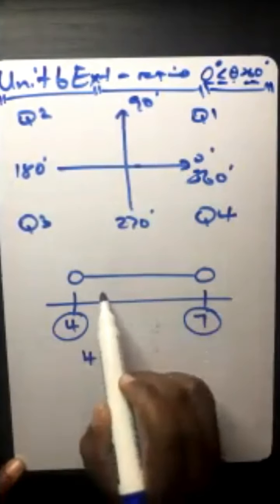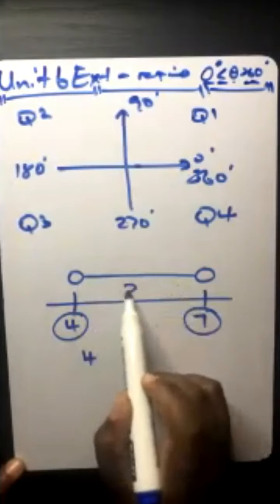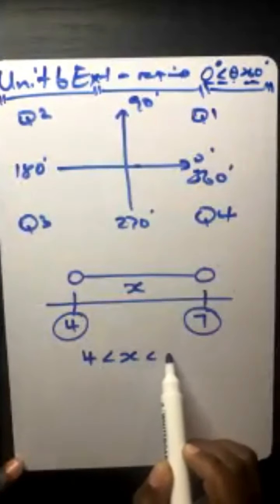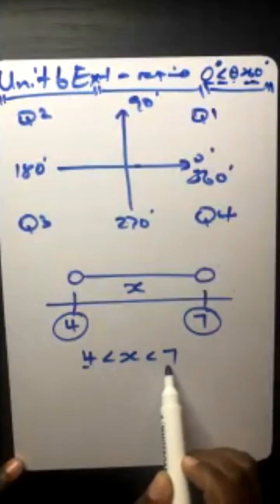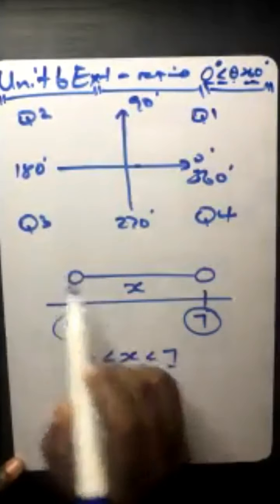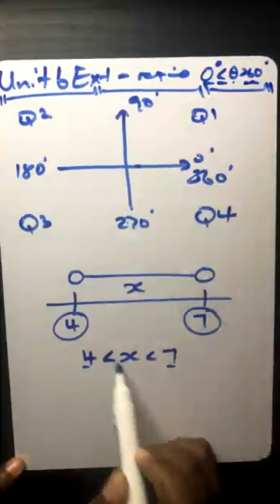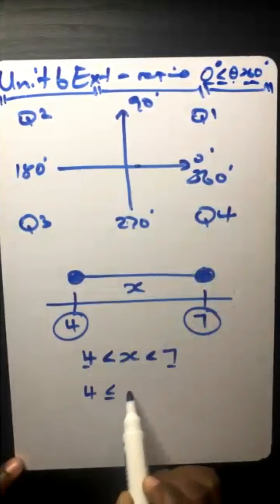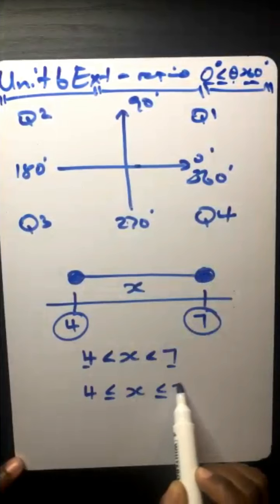Let's say whatever is in between, we call it x. So we are going to say x is between 4 and 7. Because these circles are not shaded, you just use that sign. But if these circles are shaded, then it means 4 is less than or equal to x, which is less than or equal to 7.